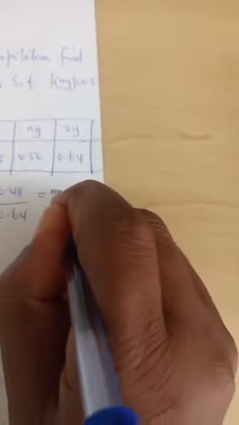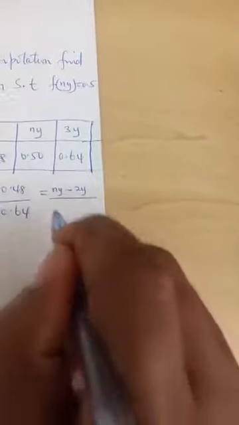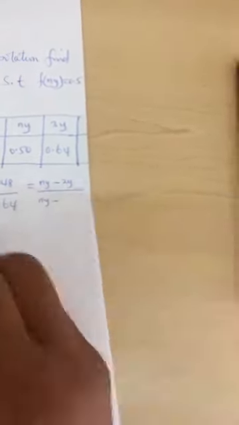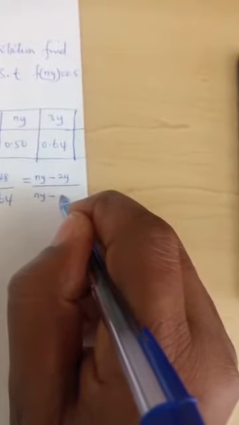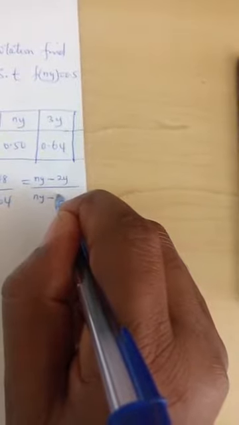0.5, which is ny, minus 2y over ny over 0.5 minus 0.64.